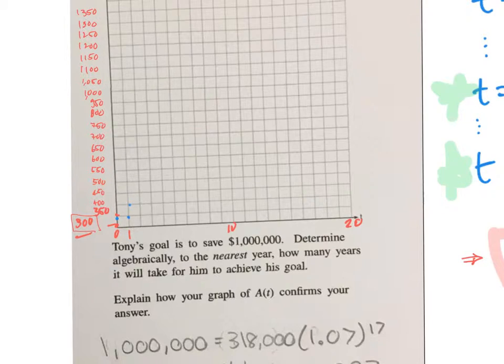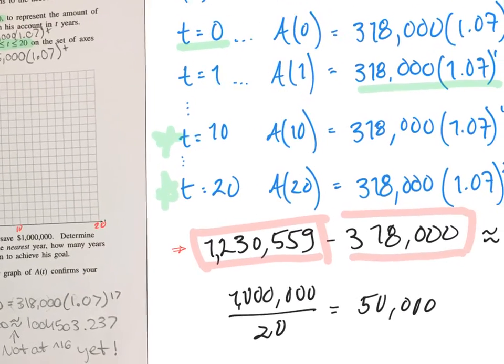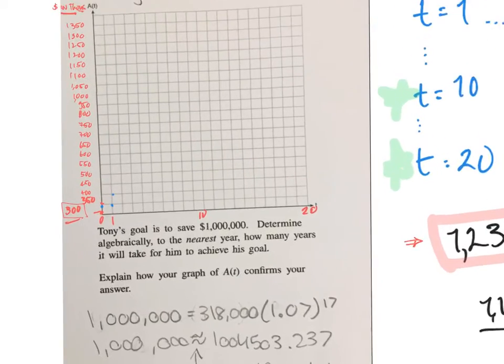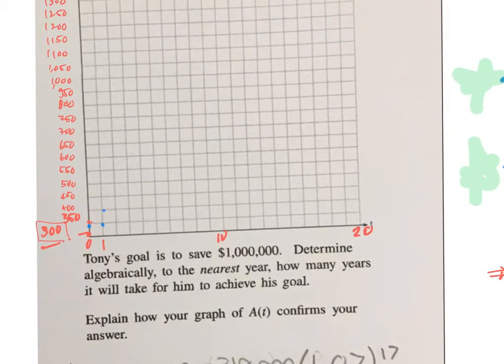After 10 years, we have $625,000. So we come back over here and we look, here's year 10, and where's $620,000? Okay, so it's about there.